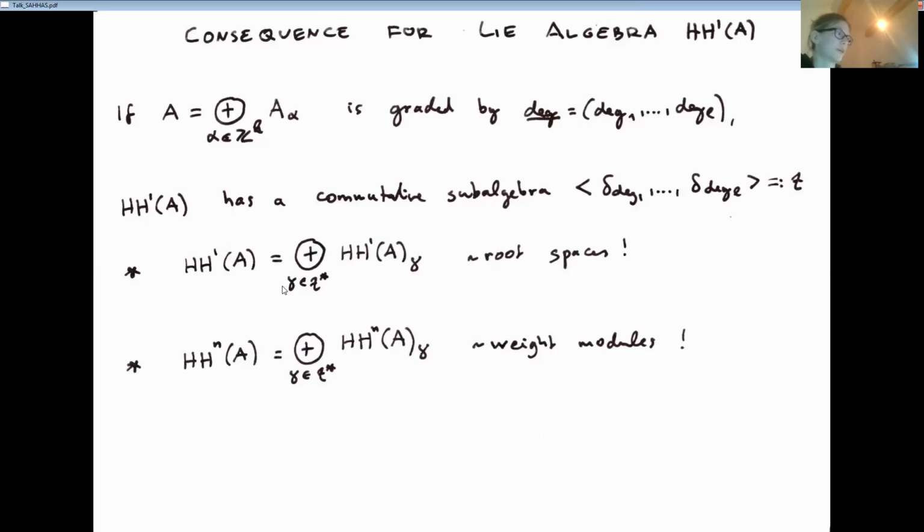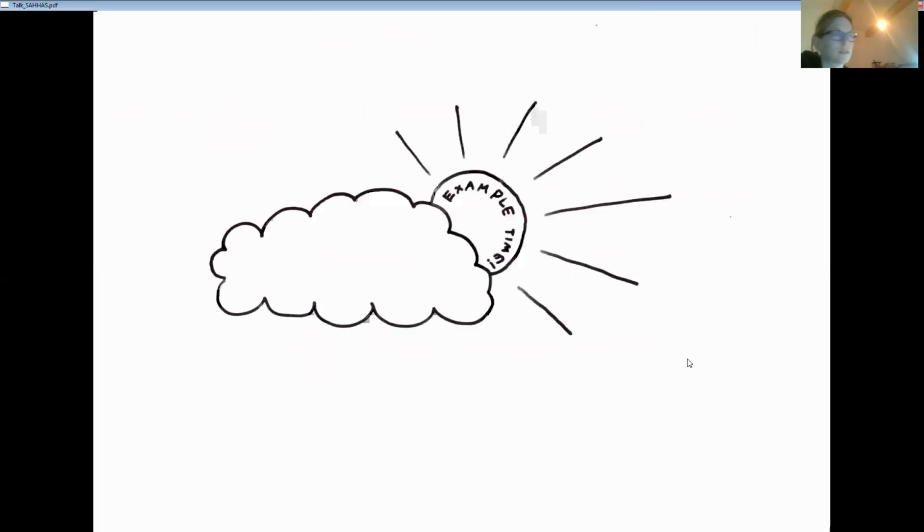So HH1 decomposes into root spaces with respect to this action, and similarly also the nth cohomological degrees decompose into eigenspaces for this action. So it's really like root spaces and weight modules, and all of this just obtained from simple gradings. So now, with all this material in our back hand, let's look at a special example.